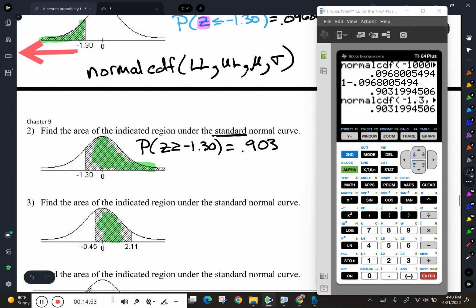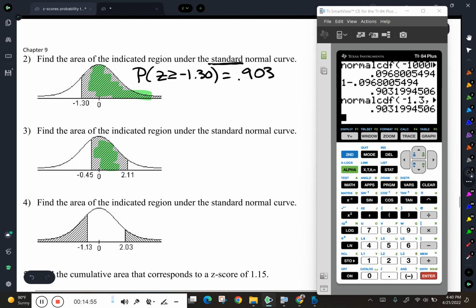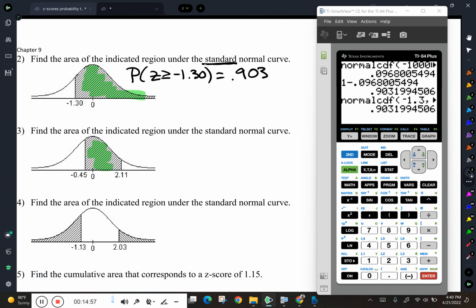Problem number 3 is the strip in the middle problem. So again, I want to find the probability that negative 0.45 is less than or equal to z is less than or equal to 2.11, because I want from there to there.